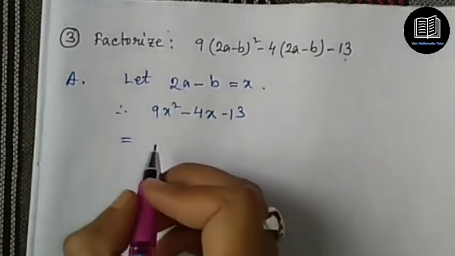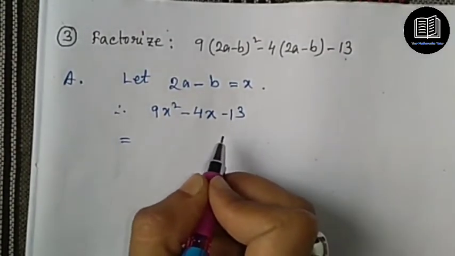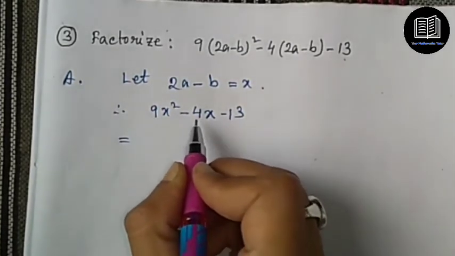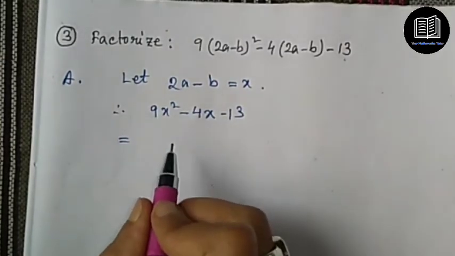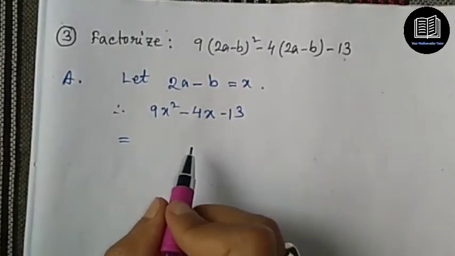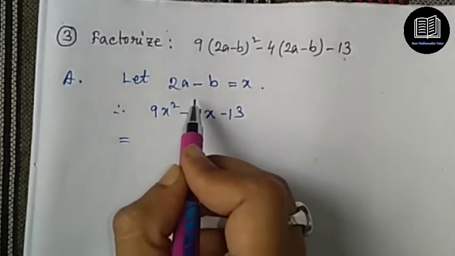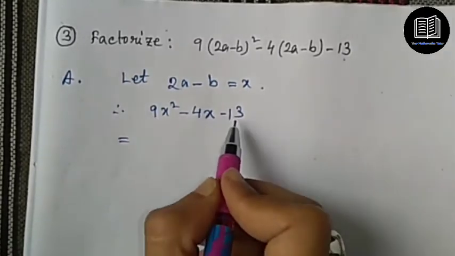Now this is an equation of the form ax square plus bx plus c, where a is 9, b is minus 4 and c is minus 13. So we have to find two integers whose sum is minus 4 and product is 9 into minus 13.